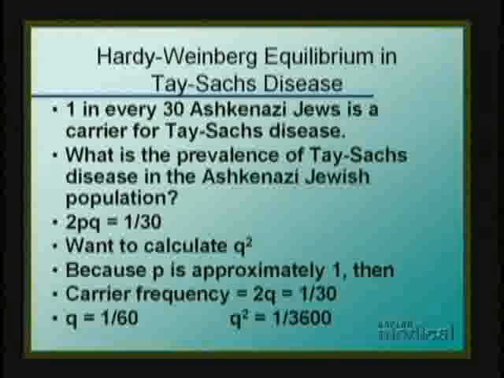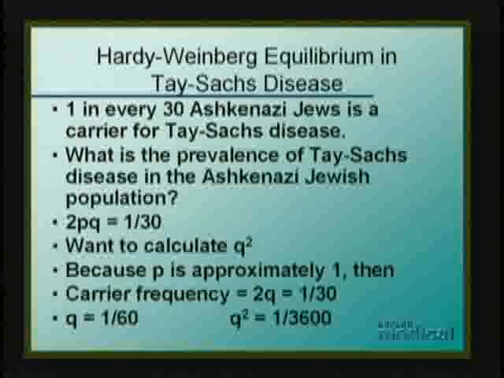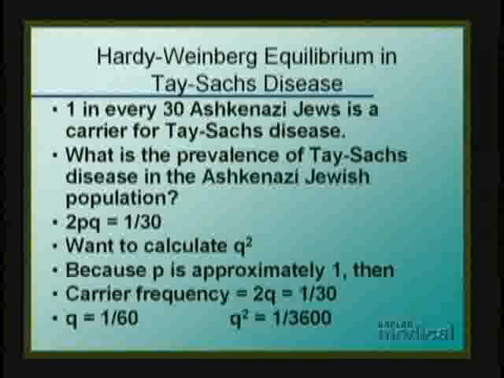Again, this is a relatively rare disease, and so we can simplify the equation because p will be approximately equal to 1. And if we round off p to 1, then the carrier frequency will become 2q. So that 2q is 1 over 30. q will be 1 over 60. And q squared then would be 1 over 60 squared, or 1 over 3,600.